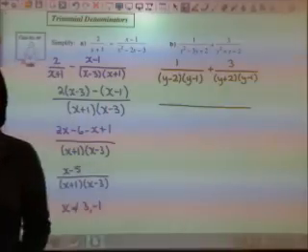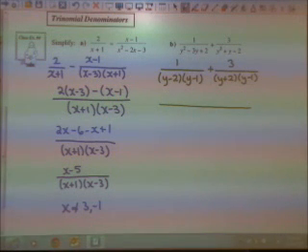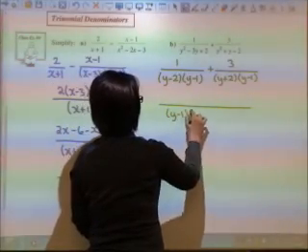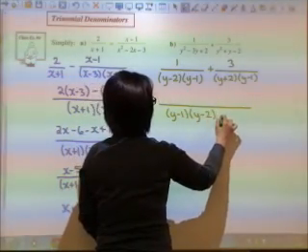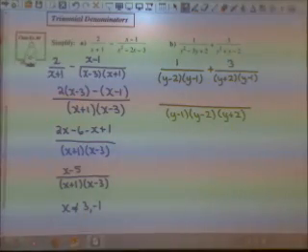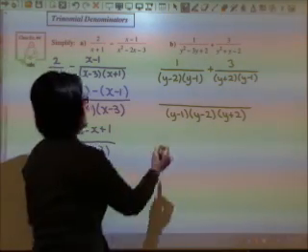So what is my common denominator to add these two fractions? Y minus 1, y minus 2, y plus 2. Good. So what do I multiply the first expression by? Y plus 2. Yep.